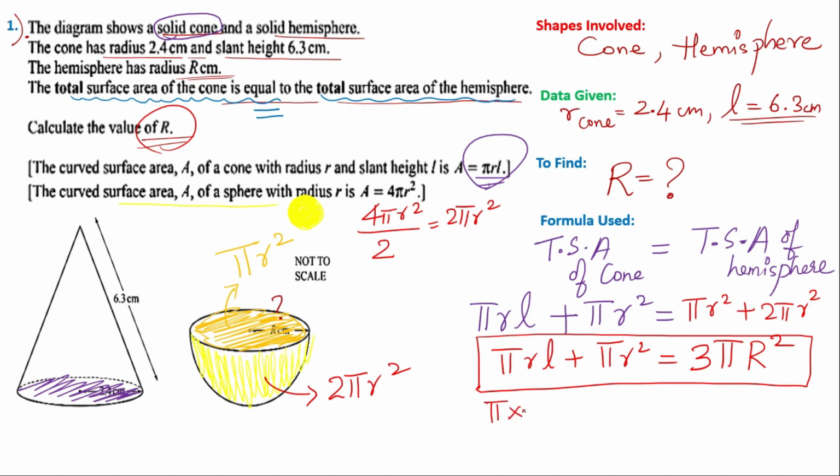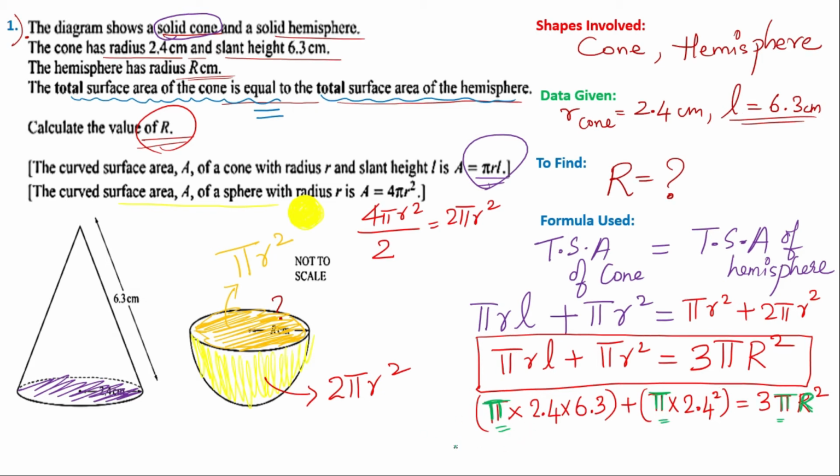Pi times my radius of the cone, 2.4, times my L, 6.3, plus pi times the radius of the cone, again 2.4 squared, equals 3 pi capital R square. The capital R is what I have to find, which is the radius of my hemisphere.